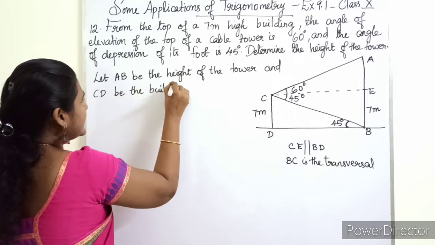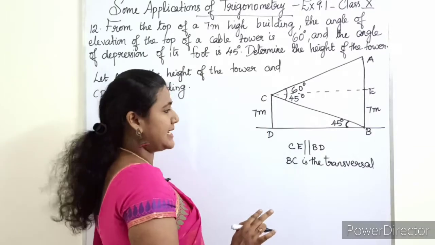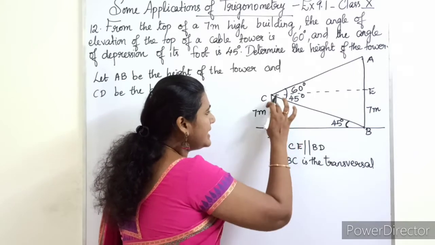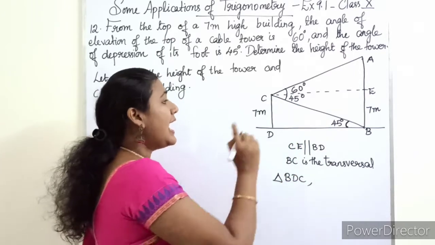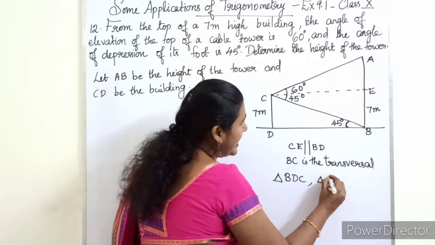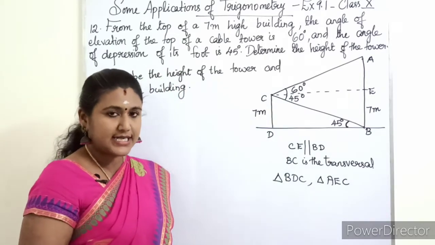Now you have two right angled triangles. What are the triangles? Triangle BDC is a right angled triangle, and one more right angled triangle here is triangle AEC. So we have two right angled triangles.